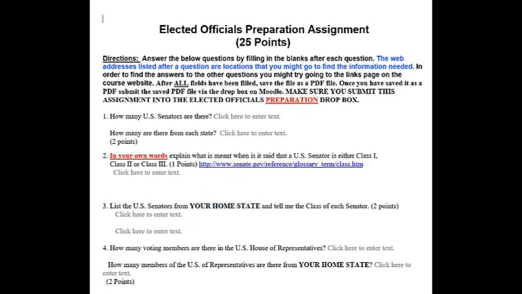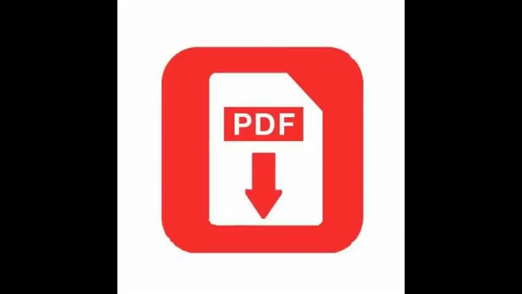After you've completed the whole document, then you need to save that file. And then after you save it as a Word file, it needs to be saved as a PDF file. It will be the completed PDF file that you then submit on Moodle. Moodle will not accept any files that are not in PDF format.